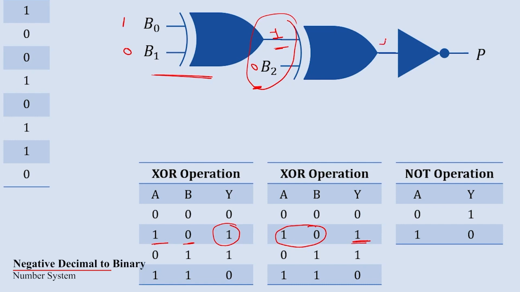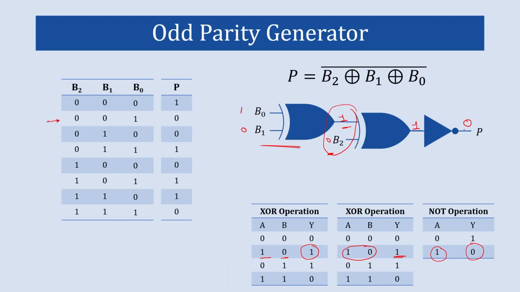And when the input to the NOT gate is 1, the output will be 0. So our parity bit will be 0 and the same 0 parity bit we are getting in our table. Hence it proves that this circuit is true and working properly. So this is the odd parity generator.